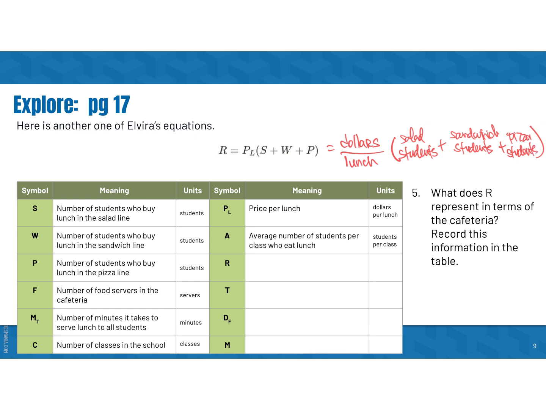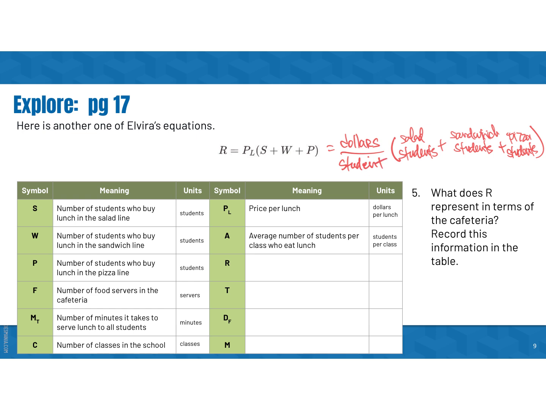Okay, so if we think about it, we have the salad students plus the sandwich students plus the pizza students multiplied by the dollars per lunch, or it's dollars per student. Let's put student back down there. So it's dollars per student.